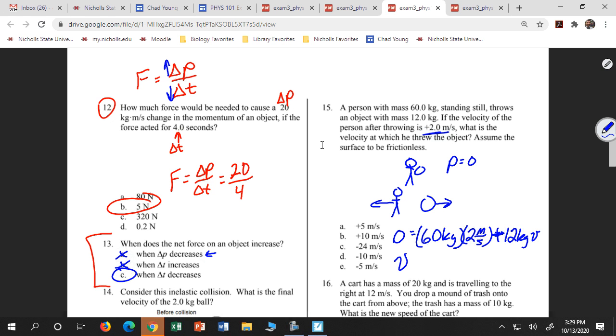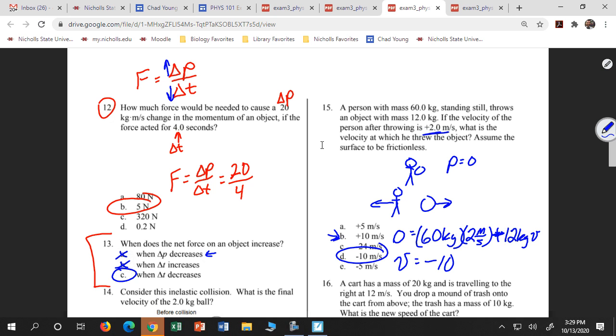And so that velocity is 120 divided by 12, or negative 10 meters per second. Be careful here, because you might have said it was 10 meters per second. But if you work this out, it will work out to be negative 10. But then also I know that my velocity of the person is positive 2.